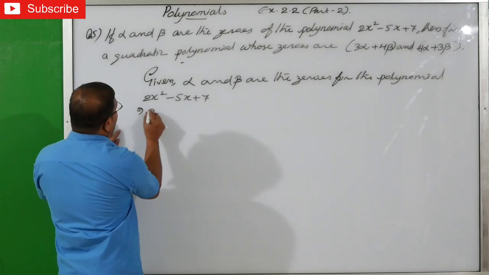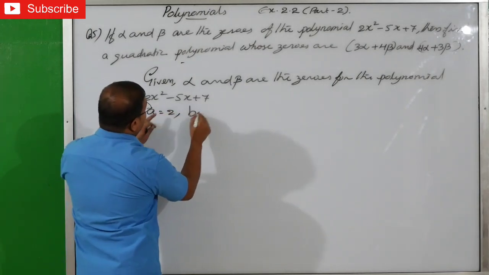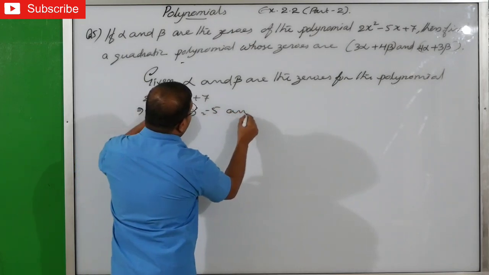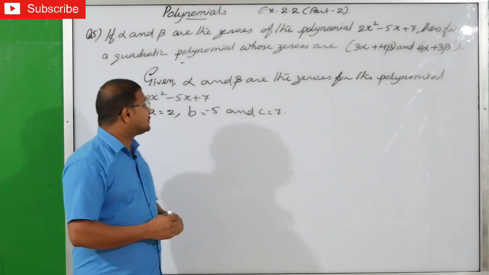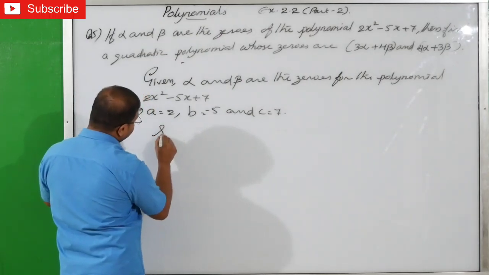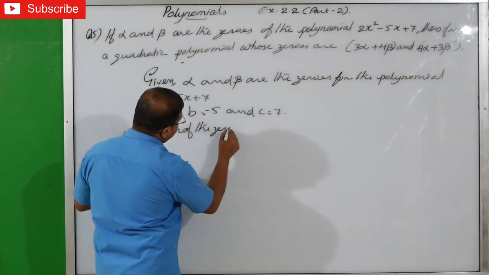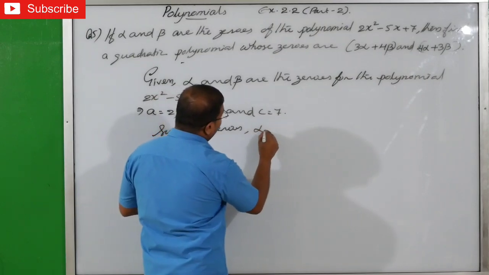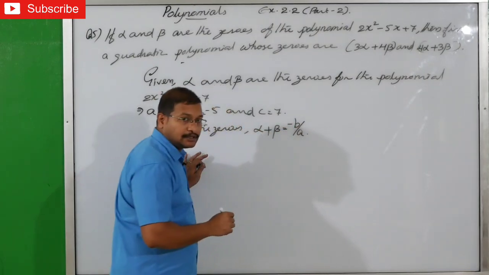This implies the value of a. What is the value of a? 2, and the value of b is minus 5 and c is 7. Ready? Therefore, sum of the zeros. What will you write? Sum of the zeros, that is alpha plus beta, equals minus b by a. I think we know that.